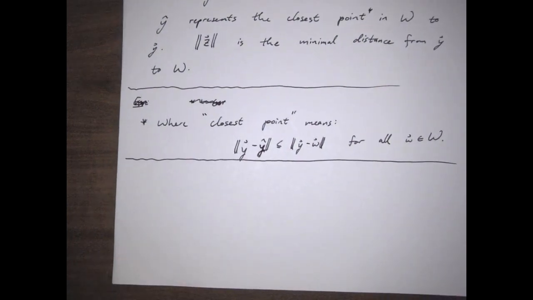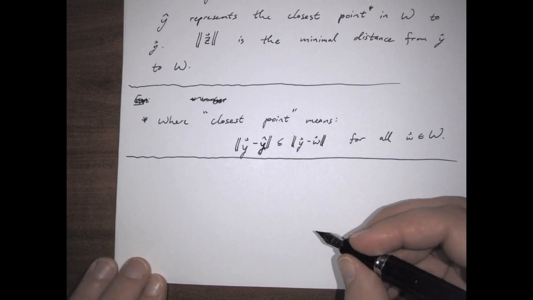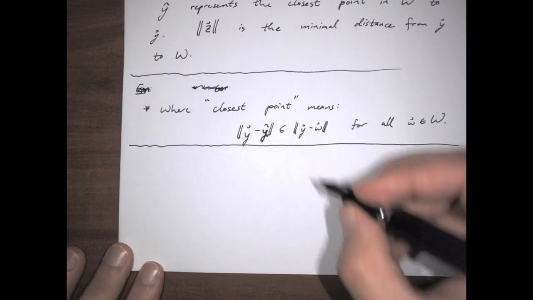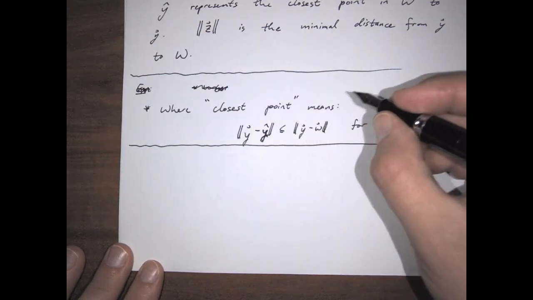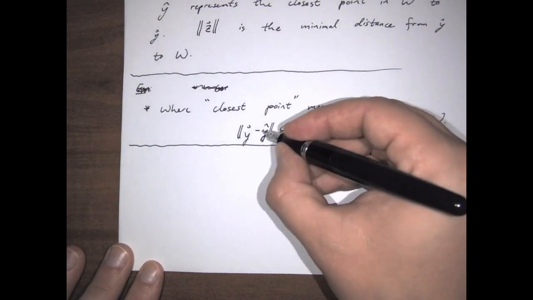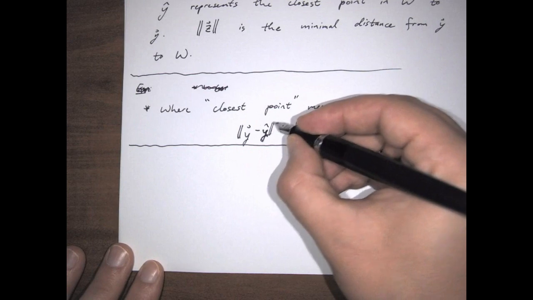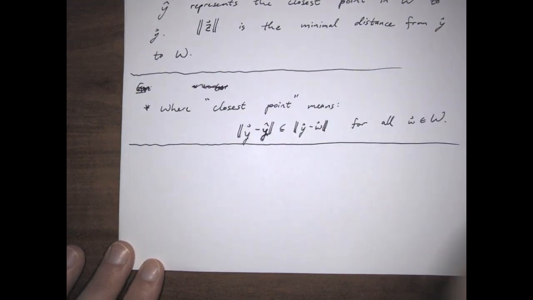If you ever see that as a description in a problem, it's just specifying that we mean closest in the usual geometrical way, which means that you can't have any point that has a smaller distance than the distance between y and y hat. Okay.